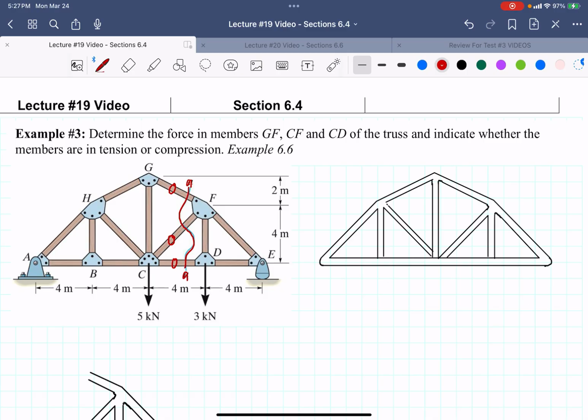If I'm looking at my support reactions, A is a pin. So I'm going to have a vertical component at A and a horizontal component at A. I've got a 5 kilonewton force here in the middle, and then I've got a 3 kilonewton force here.